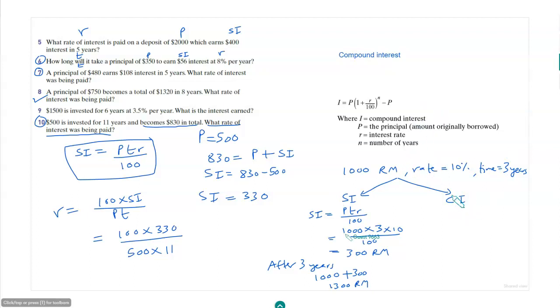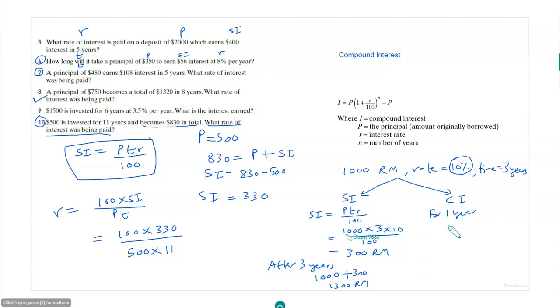So if you have this amount deposited at the same rate of 10% for 3 years, in compound interest, for 1 year there is a growth of 10%.